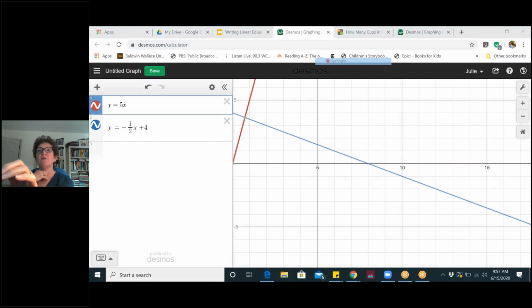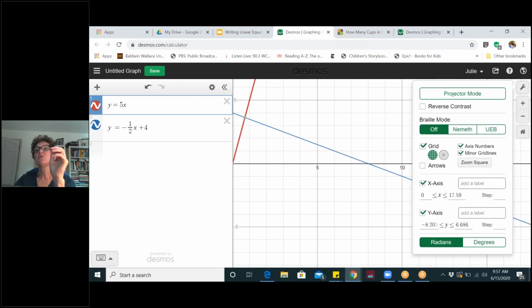Okay. So here's the starting point. That's the 4. And I changed this in Desmos to say start my graph at 0.